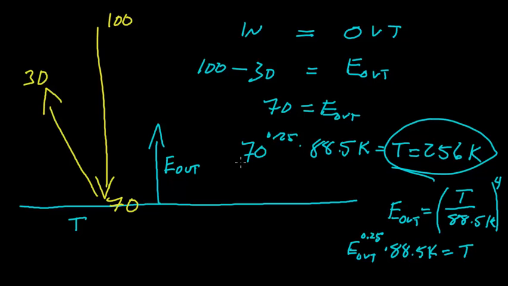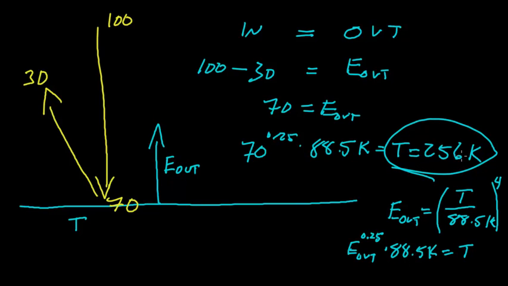If, for instance, it heated up a little bit more, the energy out would then be greater than the energy in, and that would cause the temperature to go back down to 70. If the temperature were to drop below 70, the energy in would be greater than the energy out, and the ground would heat back up to 70. So this balance is achieved at 256 Kelvin.